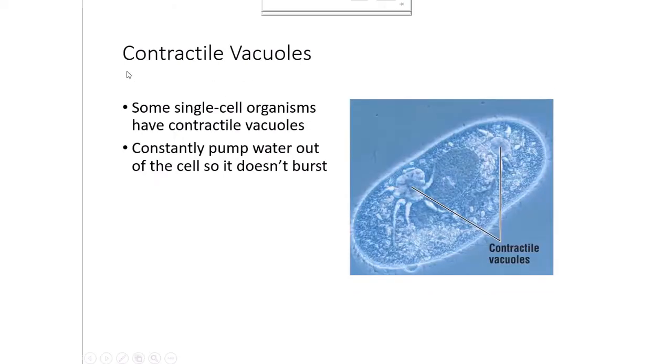In some single-cell organisms, such as this paramecium again, they live in fresh pond water, and so there's a constant influx of water from the surrounding. Okay, there's a lot of water going into the cell all the time, and that could cause the cell to swell up and potentially burst.